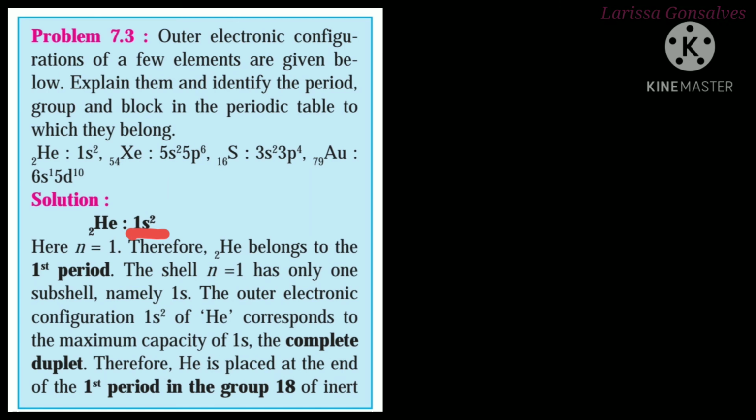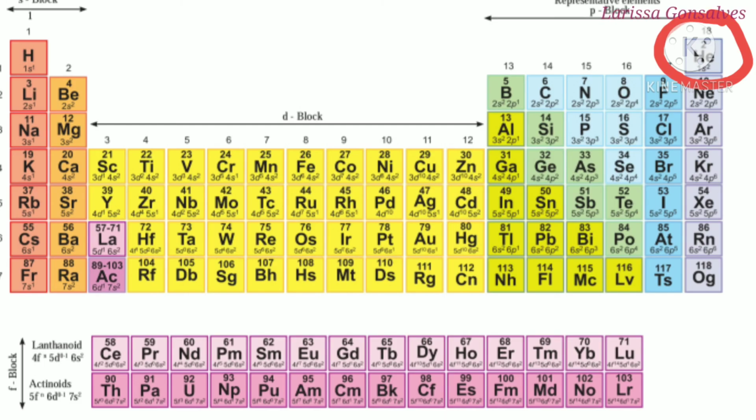Since it is 1, it belongs to the first period. Since the shell n equal to 1 has only one subshell, that is 1s, and helium has 2 electrons, the s subshell is completely filled and has a complete duplet. Therefore, helium is placed at the end of the first period in group 18 of the inert gases.